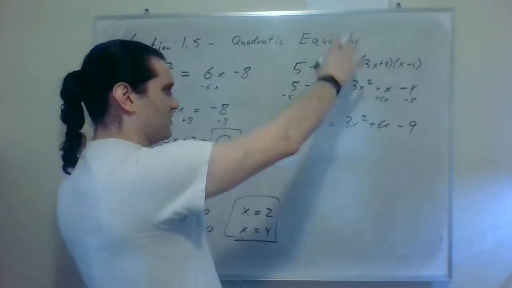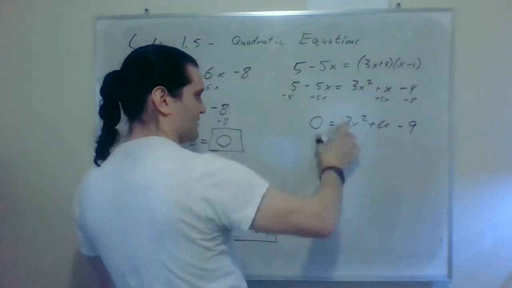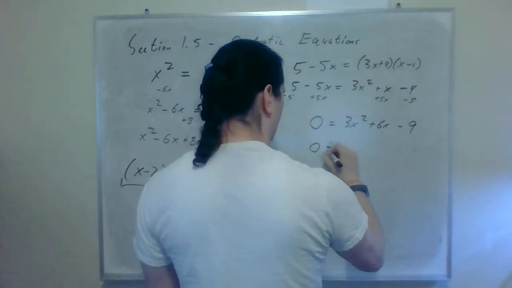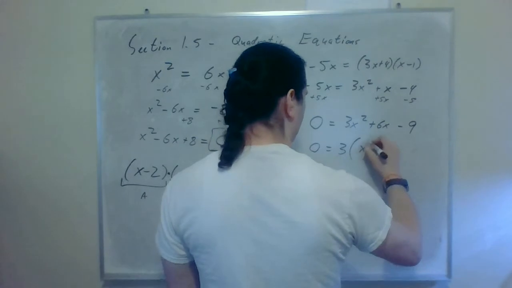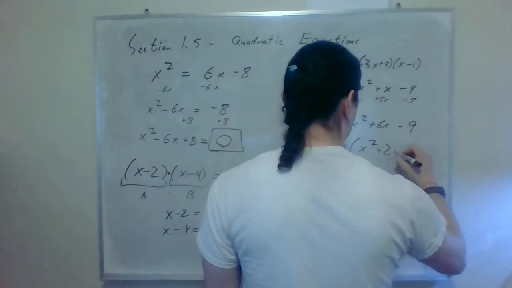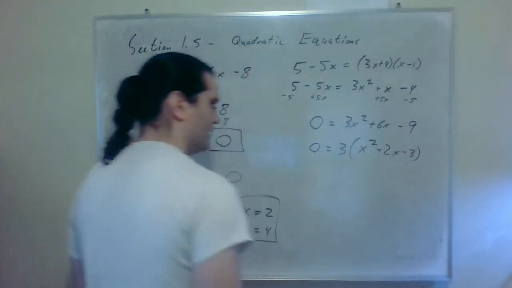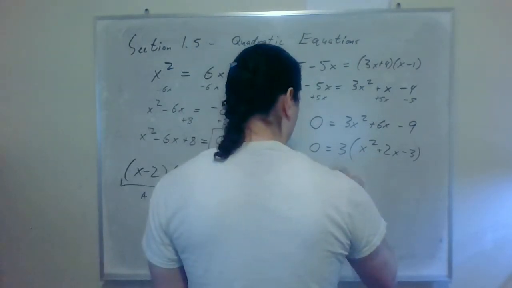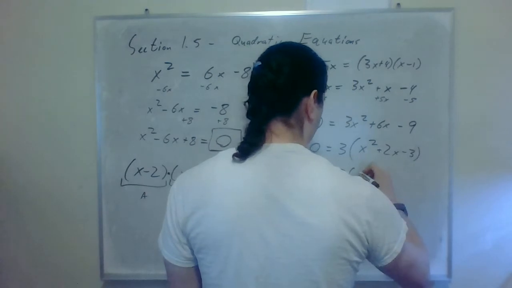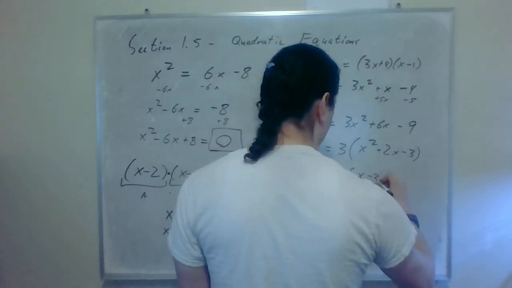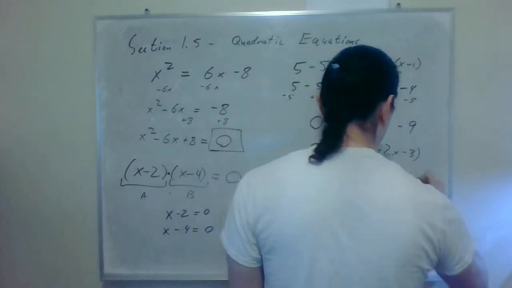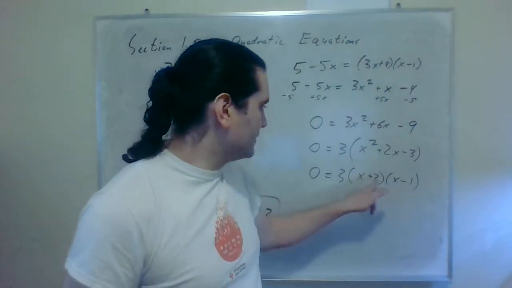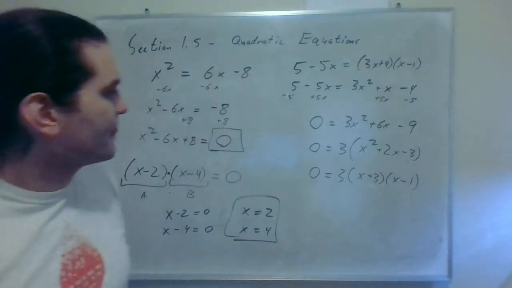We had to put a little effort into foiling this so we could get here, but now we're in a good place. I'm going to pull a 3 out so that I have x squared plus 2x minus 3. And now this thing, I think, factors very nicely. We can make that be x plus 3 and x minus 1. That'll give us the -3 on the back end and a +2 when we add them.